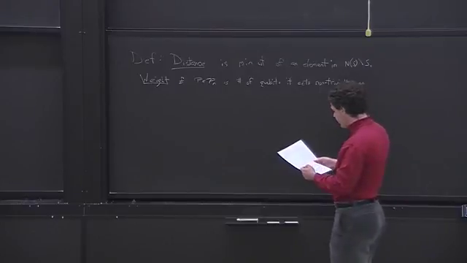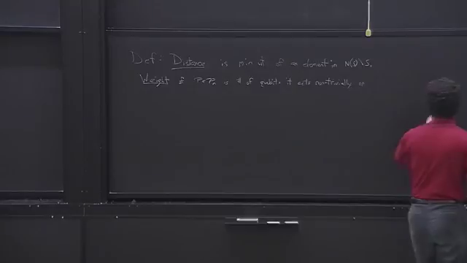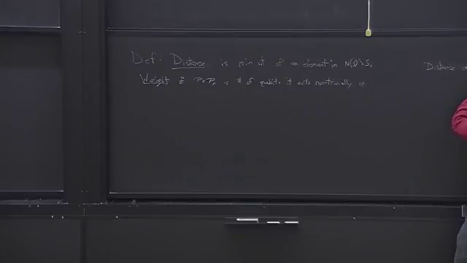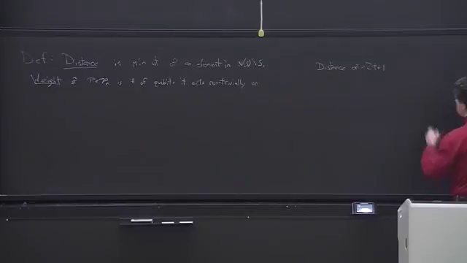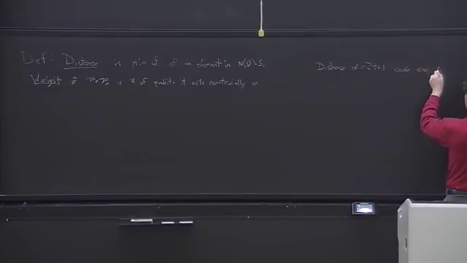And in particular, notice that for a distance d code, if d is equal to 2t plus 1, then the code can correct t errors.